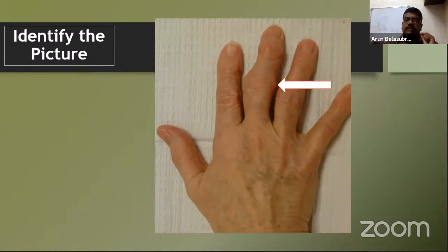It's not Boutonniere deformity, it's not RA. Maybe it is Bouchard's nodes. Bouchard's nodes are present on the proximal interphalangeal joint, and Heberden's nodes are on the distal interphalangeal joint, which are common features of the OA hand. So in a patient with osteoarthritis of the hand, you can identify these nodes. It's a degeneration occurring in the hand.